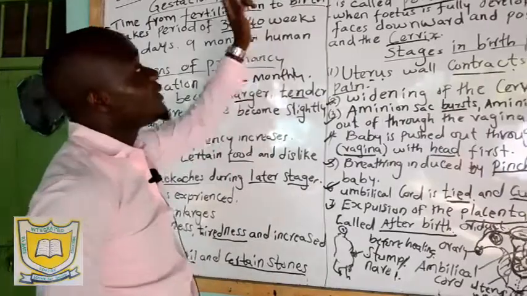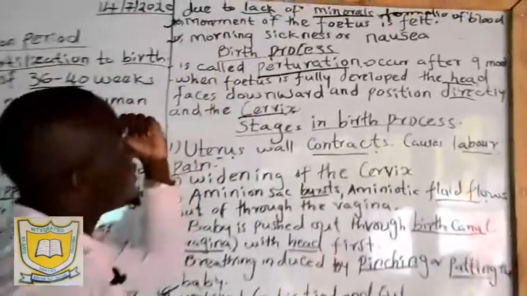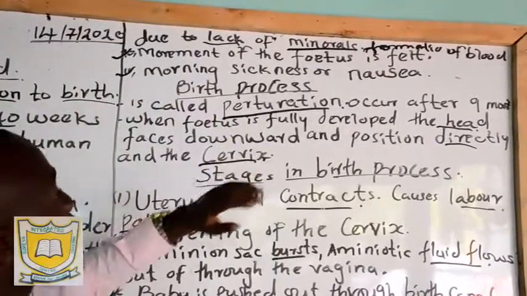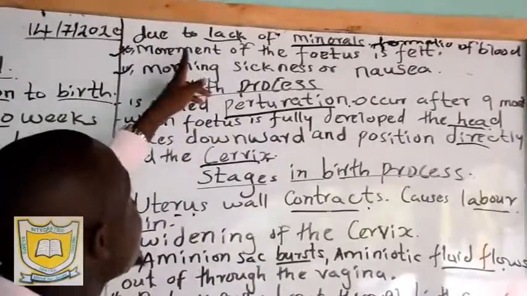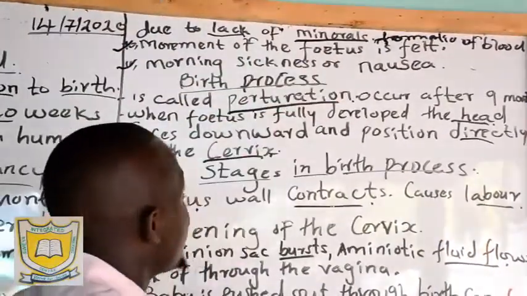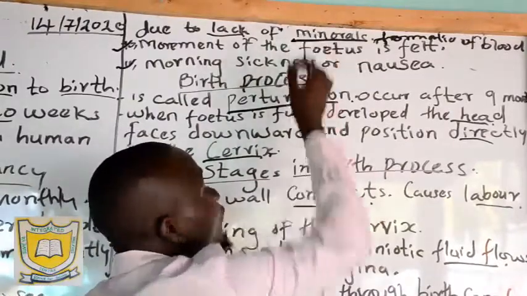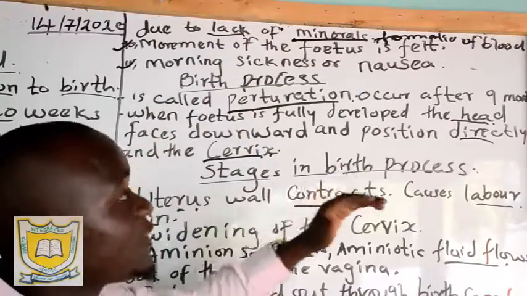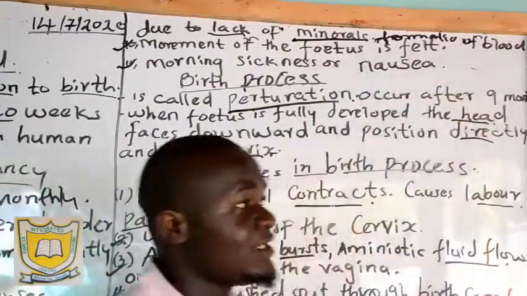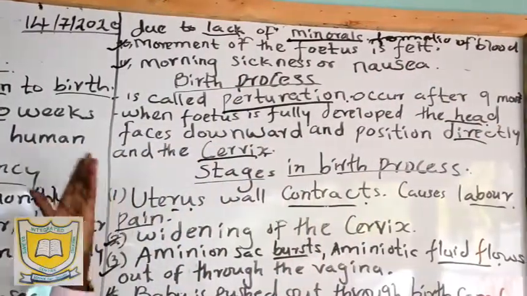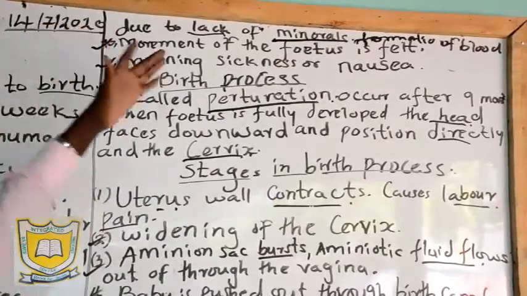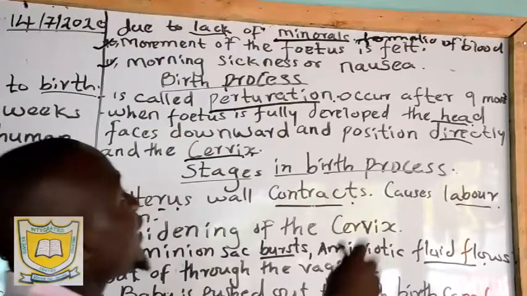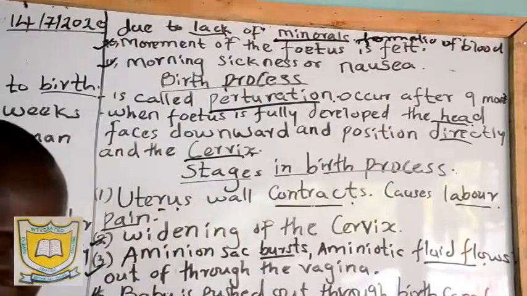The main reason why you get a mother eating soil, you should not say, oh, stop eating soil. It's because there is lack of minerals. There are minerals needed for formation of blood, like potassium and calcium, and also needed for formation of strong bones.